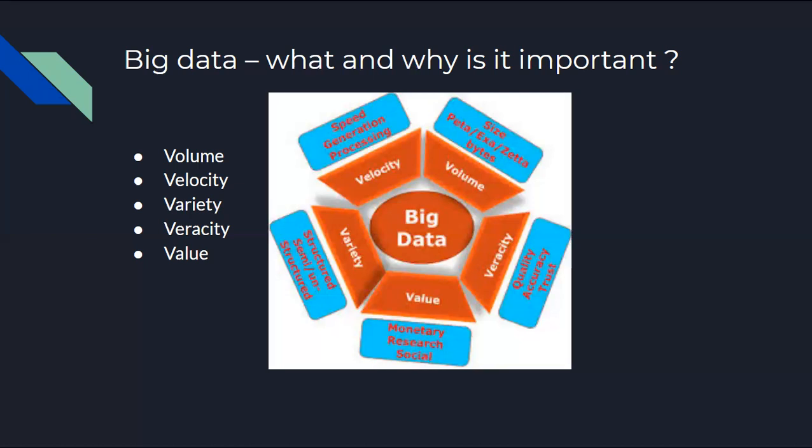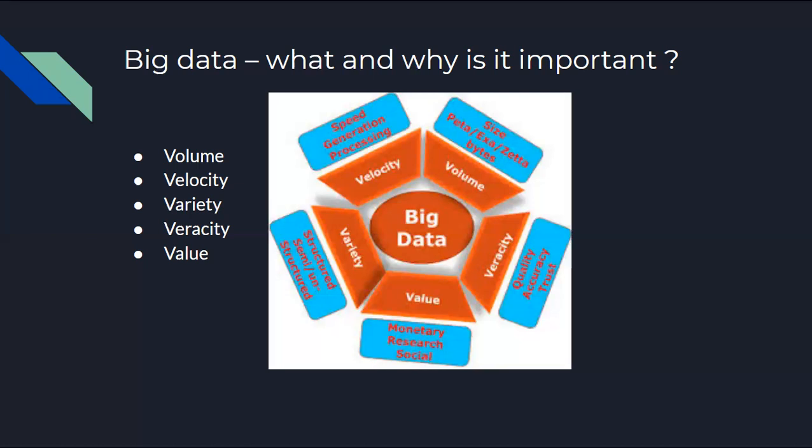Easily one person can generate, I would say, 50, 60 exabytes of data from one cell phone. Just one smartphone user can generate 50, 60 exabytes of data per month. So you can imagine how much data there will be when we combine all the users. That is the volume of the data, huge volumes of data.